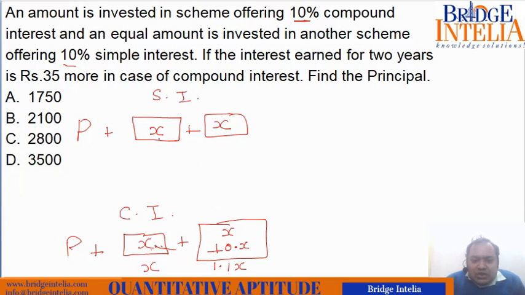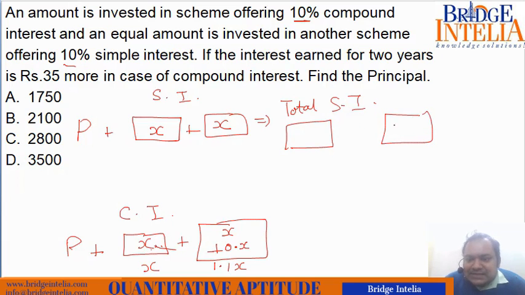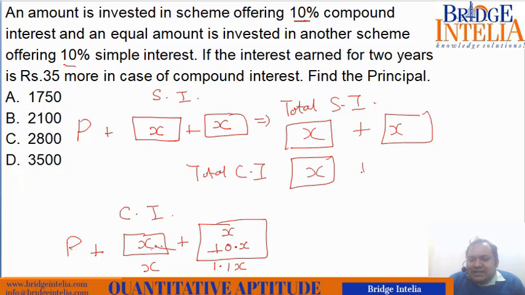Now if you see properly, total simple interest earned is X plus X. In case of compound interest, why is there an advantage? There is an advantage because the money that you have earned in the first year is creating advantage: interest on interest of 10%.